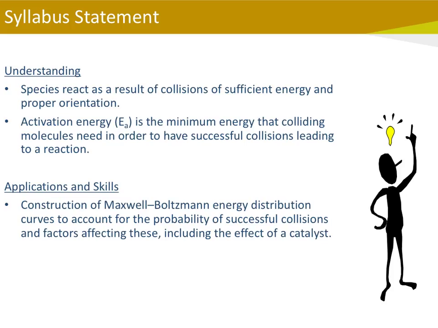Species react as a result of collisions of sufficient energy and proper orientation. And activation energy is the minimum energy that colliding molecules need in order to have successful collisions leading to a reaction.